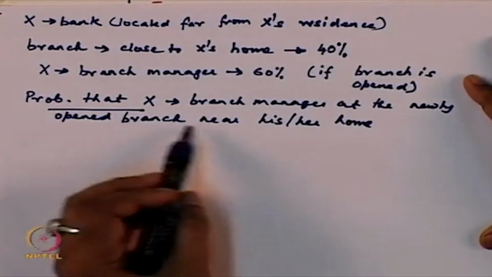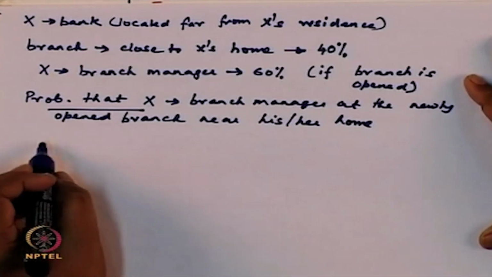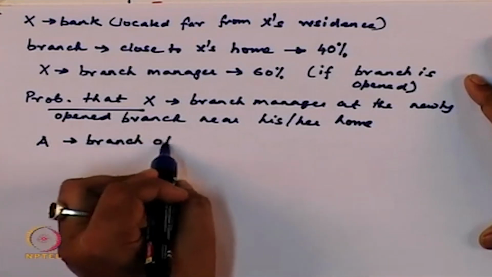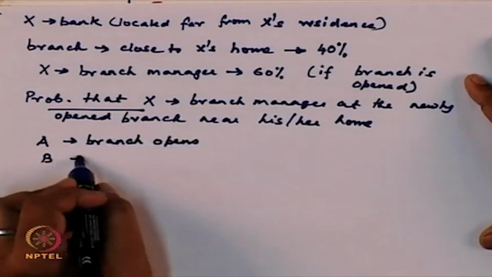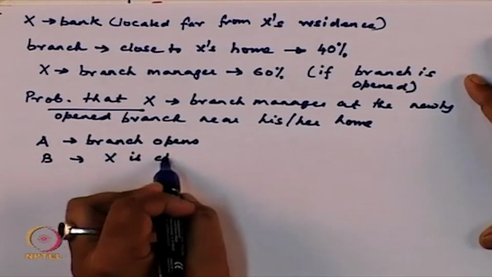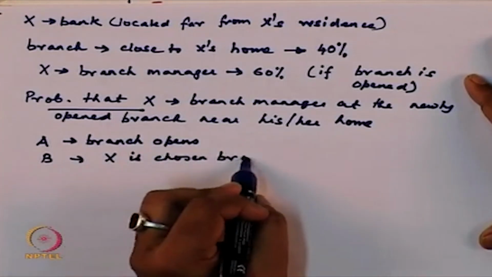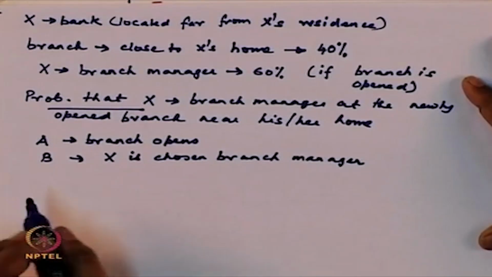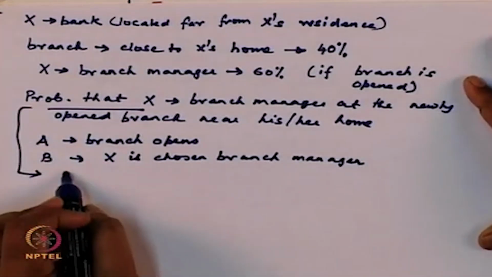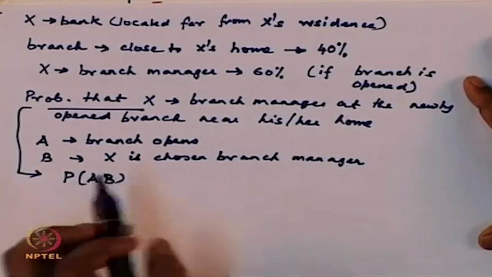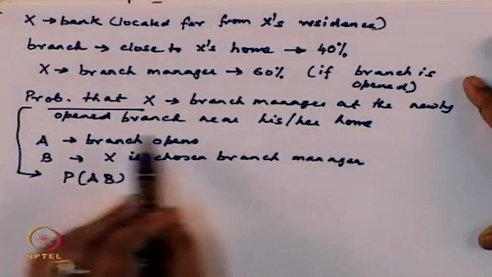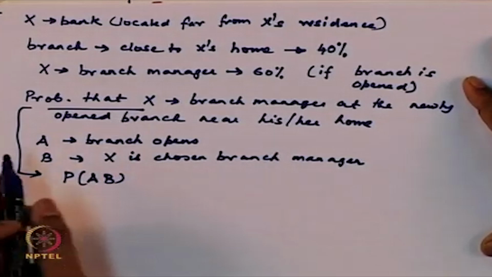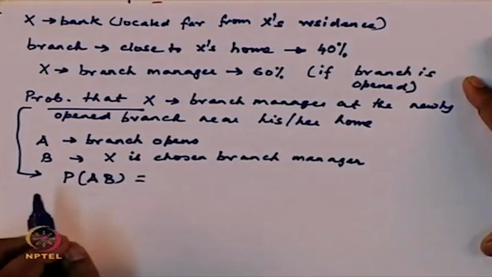So, let us define the event A, that the branch opens, and B, that X is chosen branch manager. What we have to calculate here is probability of A and B, which means that the branch has been opened and he is the manager there. So, how will I use conditional probability to solve this problem?